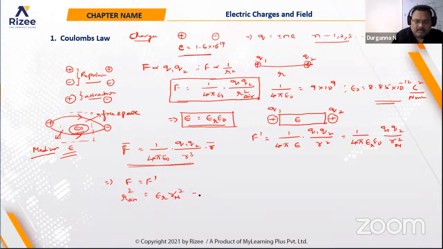Or the equivalent distance in air is equal to root over epsilon r into the distance in the medium. The same epsilon r can also be written as root over k into the distance in the medium.